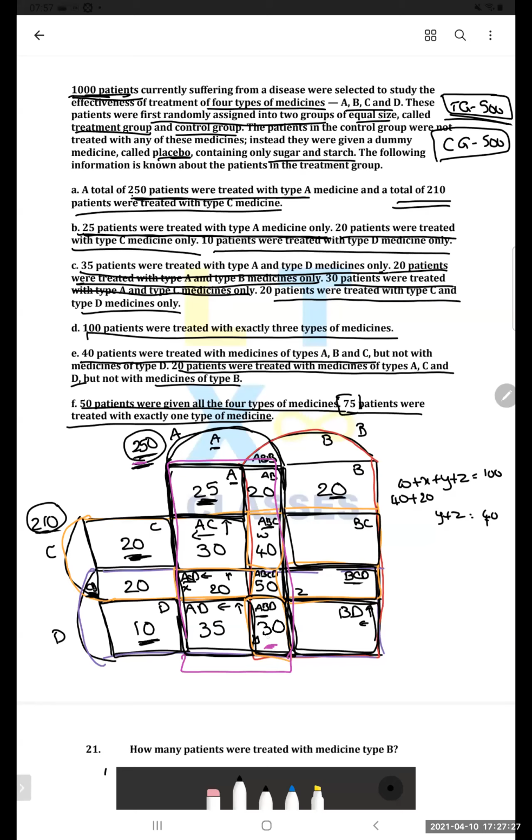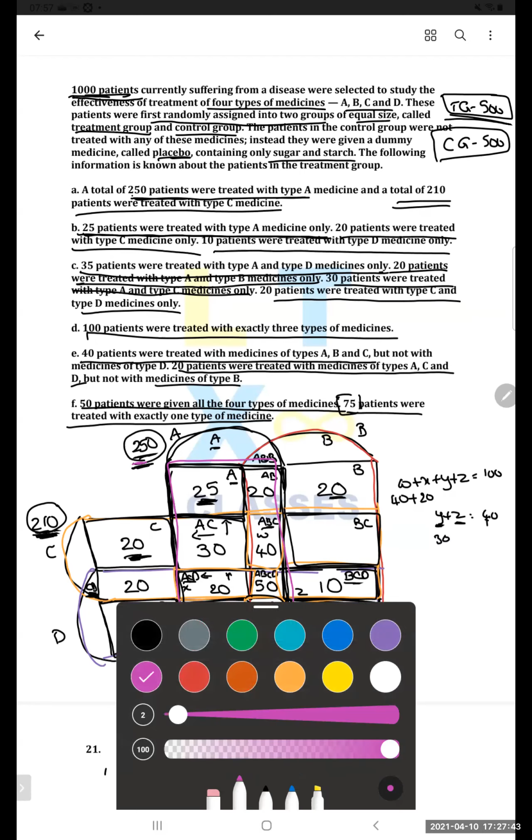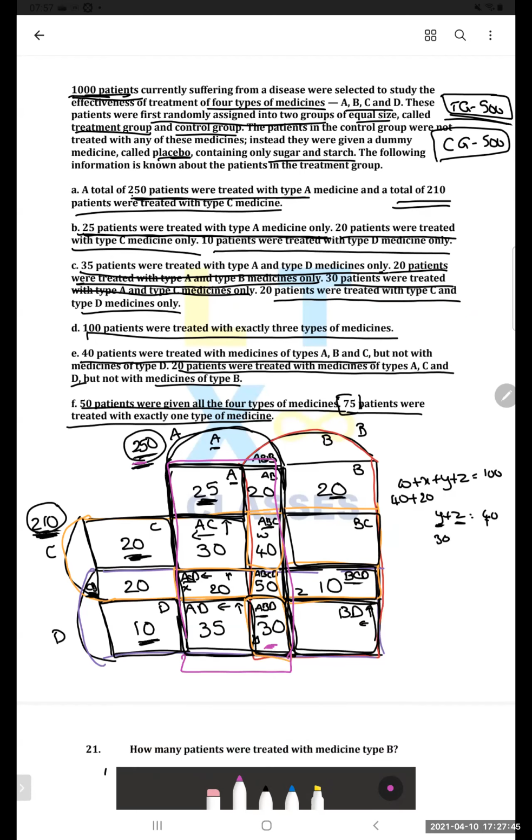Now, if I know Y is 30, what is Z? 10. So this is 10. Now we also know this information. The total of C is how much? 20, sir. BC 20. Very good. That was quick. Let me also just make the addition.